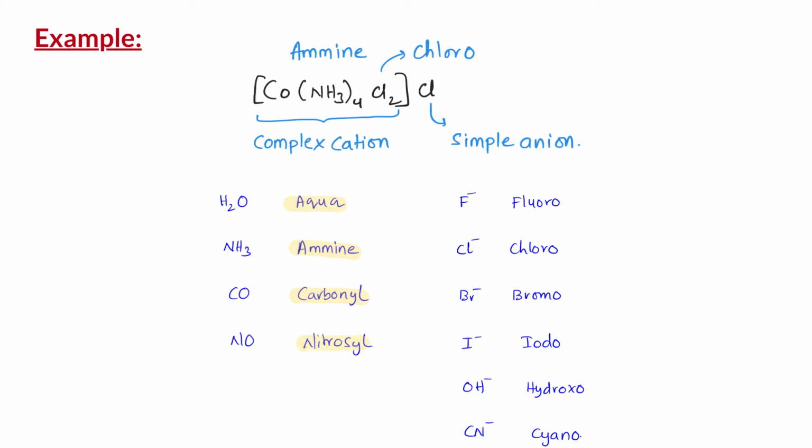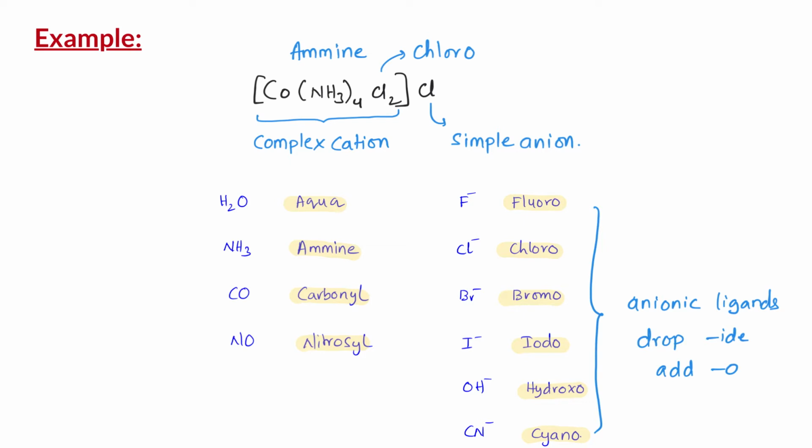F- is fluoro, Cl- is chloro, Br- is bromo, I- is iodo, OH- is hydroxo, and CN- is cyano. As we can see, for anionic ligands, we drop the suffix -ide and add -o after the root name. That is, fluoride becomes fluoro, chloride becomes chloro, and so on.